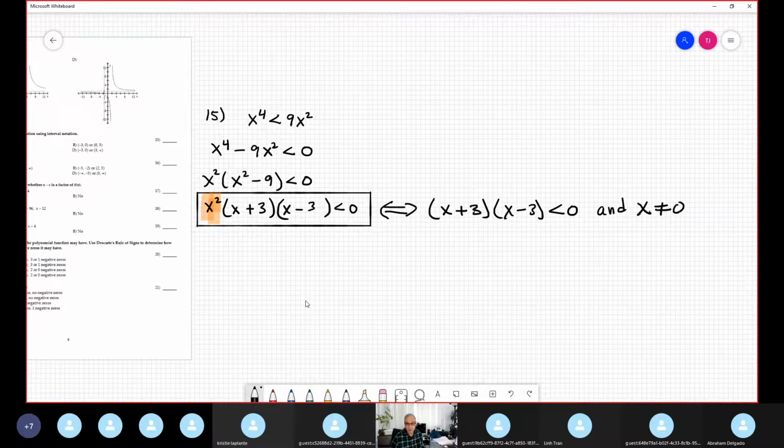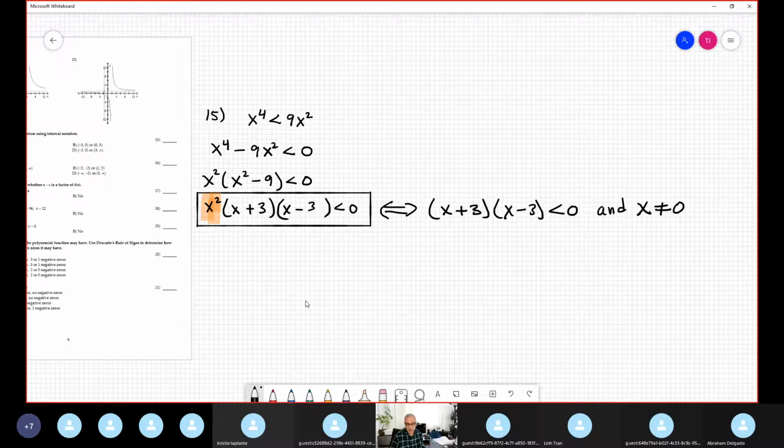Because 0 is the zero that includes the factor x squared. So basically, this inequality, you consider only the factors x plus 3, x minus 3, with the same sign, less than 0.